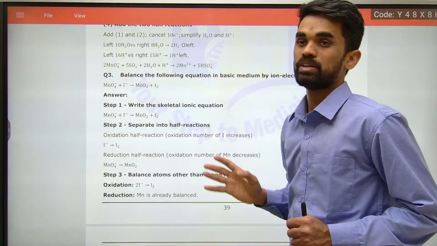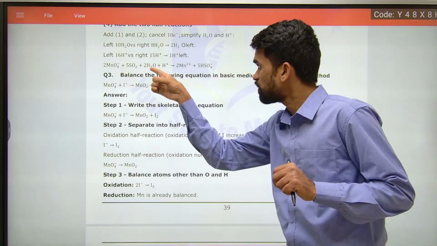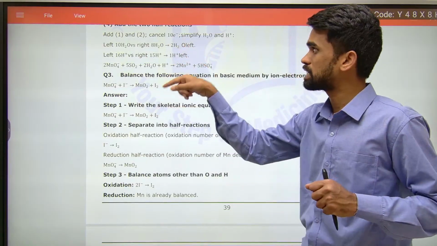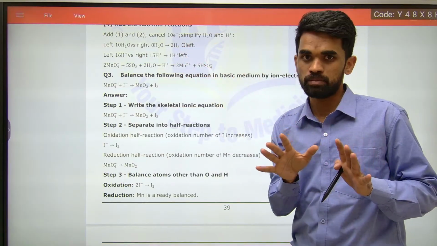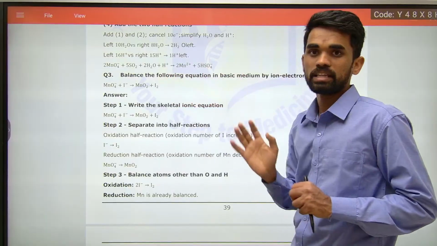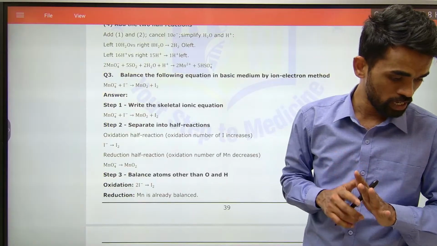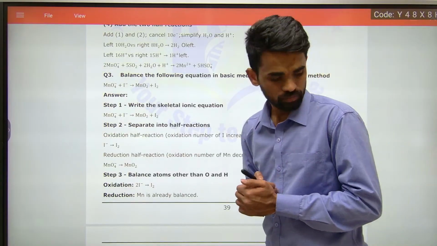This is the final equation. Have you observed this? In the final equation there is no involvement of electrons. So electrons get cancelled out in the end. Therefore we get an equation like this by adding both reduction half and oxidation half reactions. Okay, right. Let us move forward.